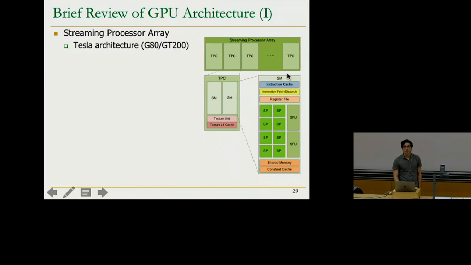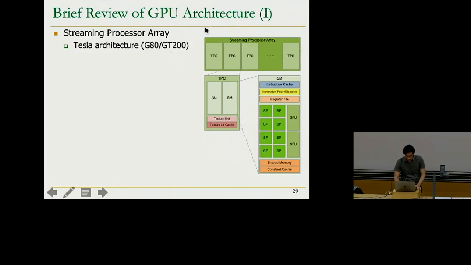You already saw that the entire GPU is divided into SIMD cores that NVIDIA, for example, calls streaming multiprocessors. That's like in this old architecture, the G80, GT200, to which the GTX 285 belongs.